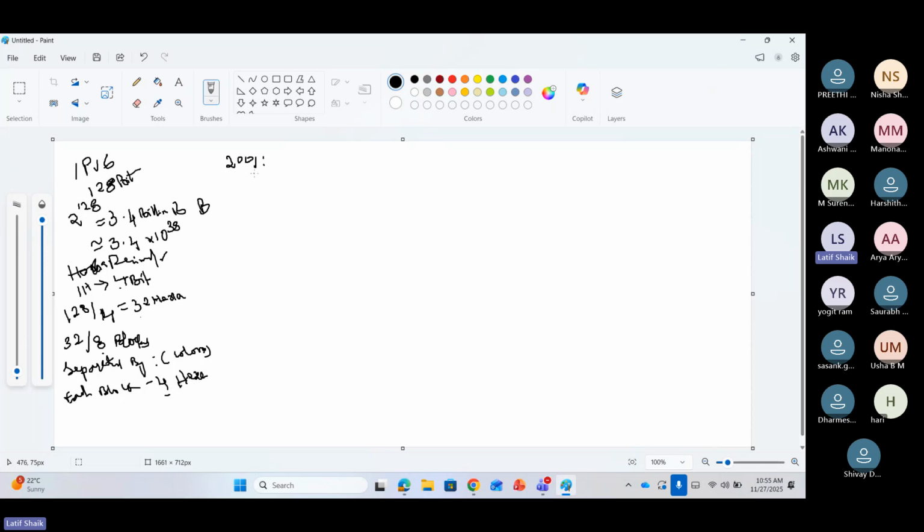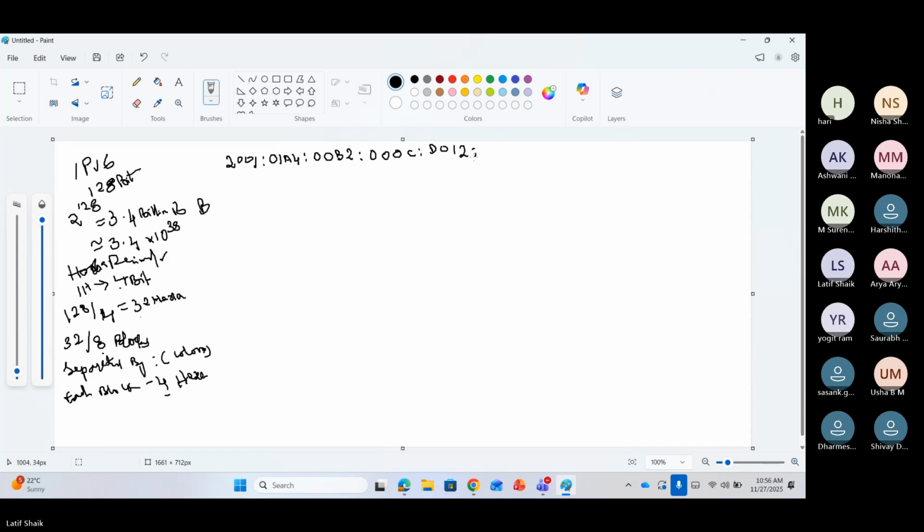This is one block. 01A4, 00B2, 000C, D012.